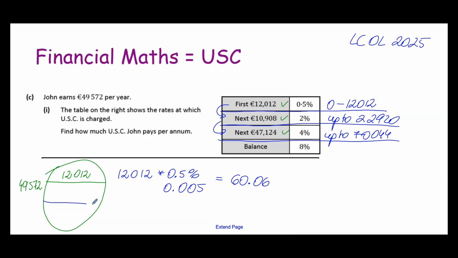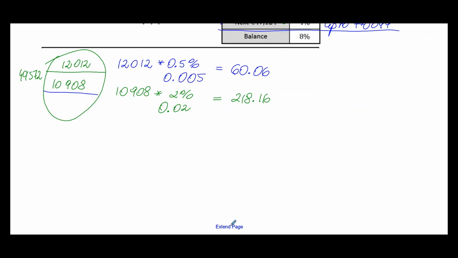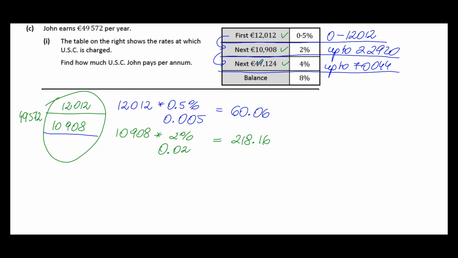Then we slice another slice from his wages, and that's that next 10,908. So we take again that 10,908, and this time we multiply by 2% or 0.02. And again, we put that in the calculator and we get 218.16.